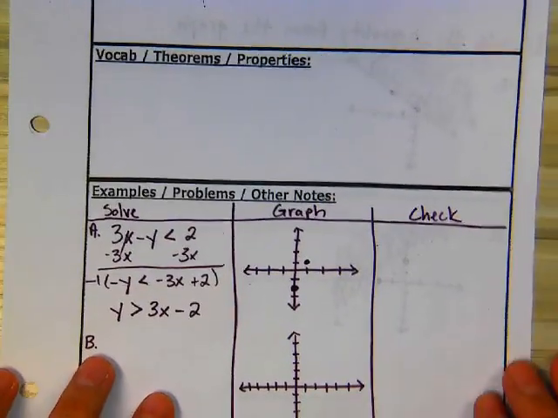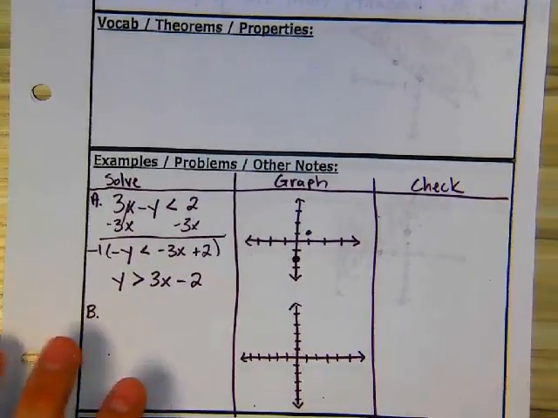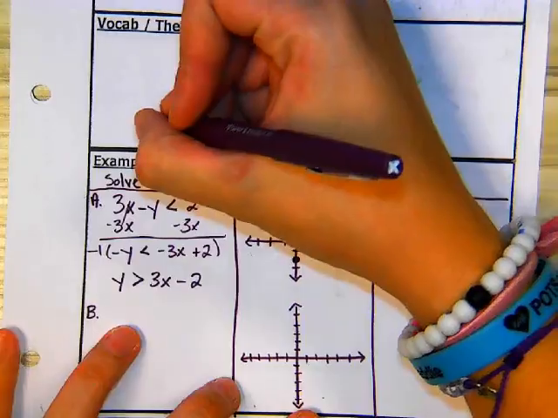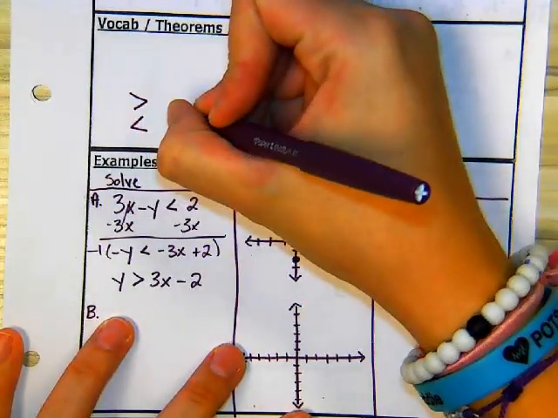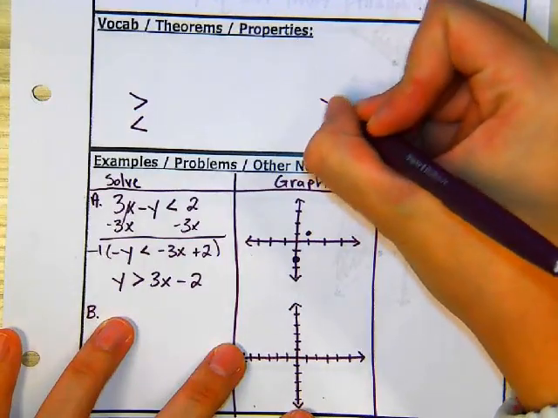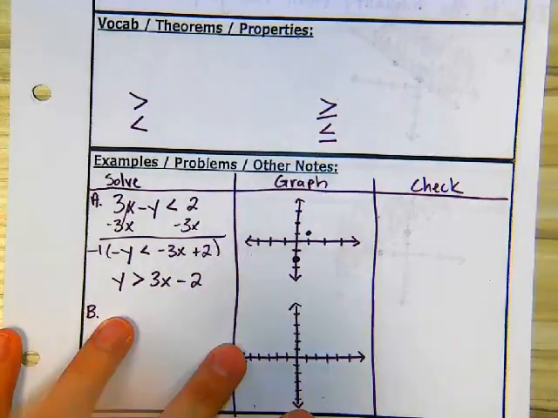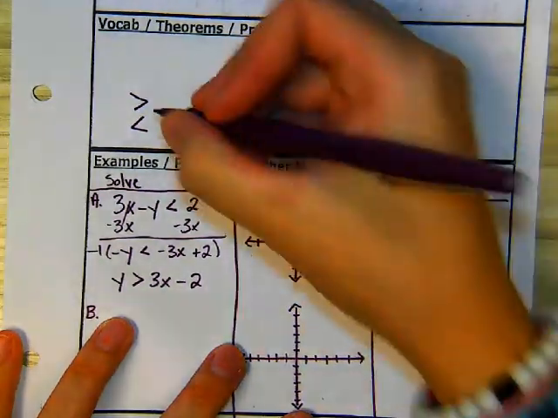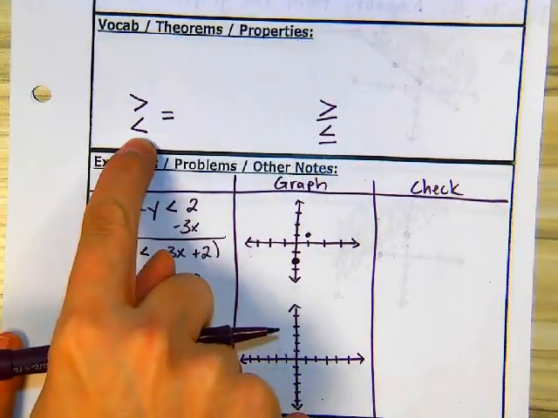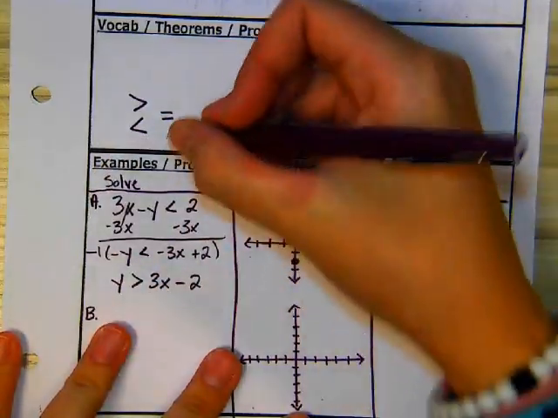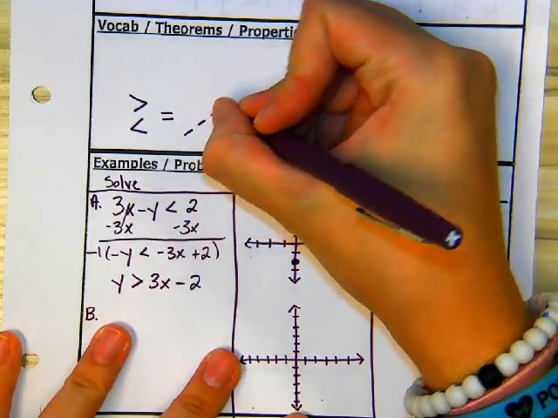I guess we can put this up in vocab and theorems. We're going to have a different line for these and these. There are two different lines. Whenever we have just a less than or greater than, we're going to have a dotted line.